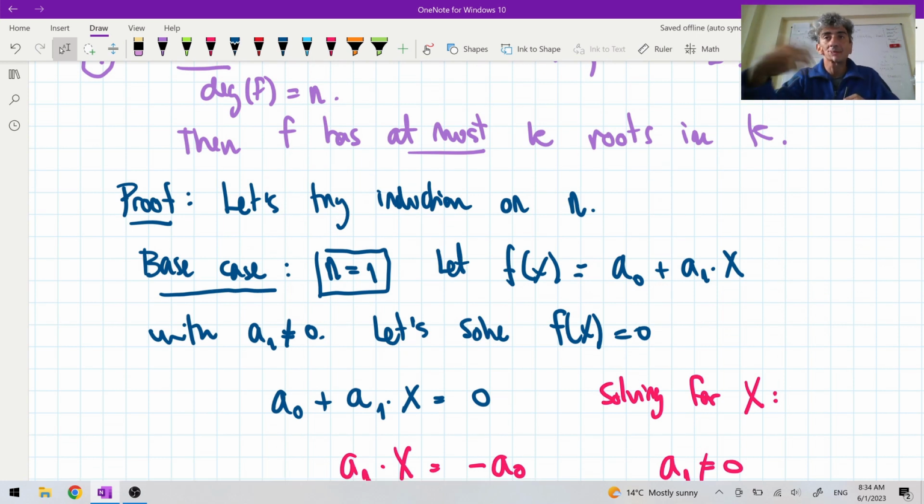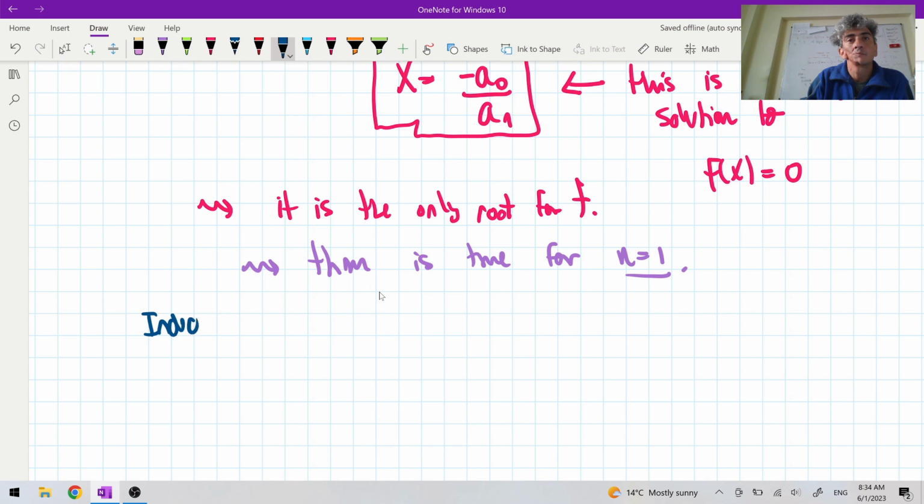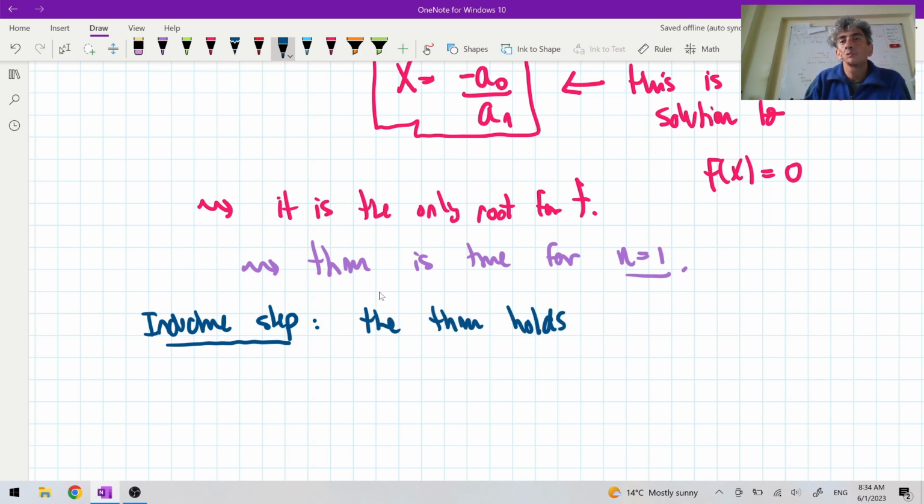Now let's go to the inductive step. The theorem holds for all polynomials of degree n. This is what we hold to be true now.